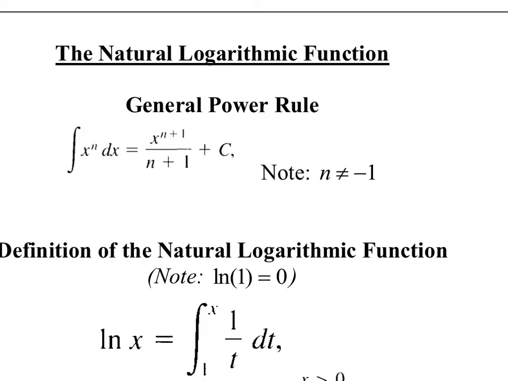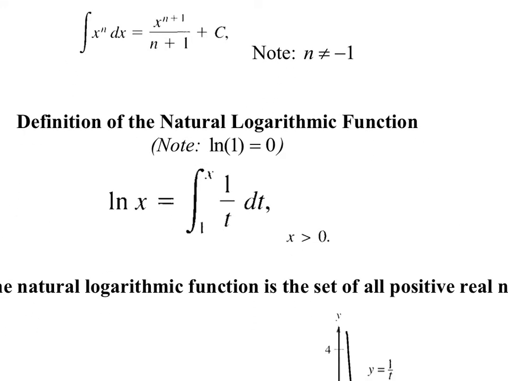Remember the derivative of ln of x was 1 over x, so the integral of 1 over x is actually going to be ln of x. We couldn't use the power rule because if we added 1 to -1, we'd be dividing by 0. Can't do that.